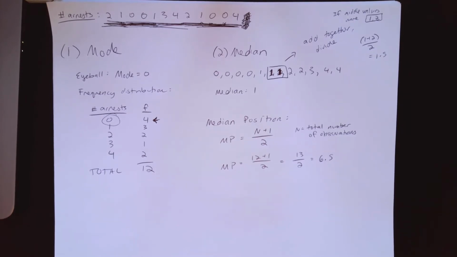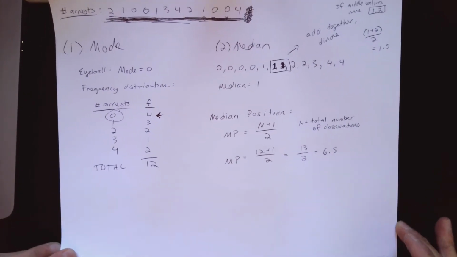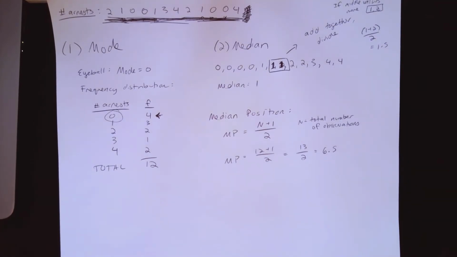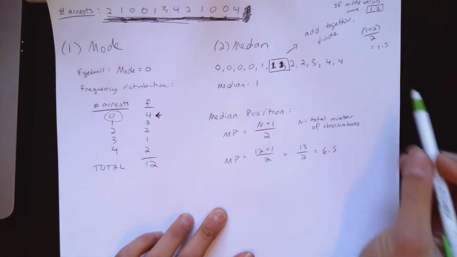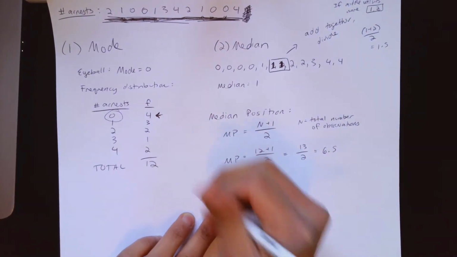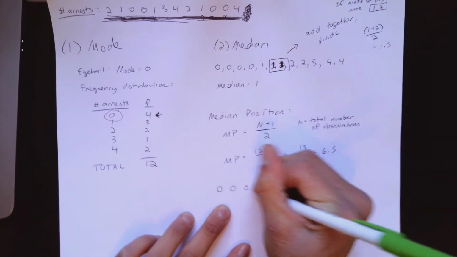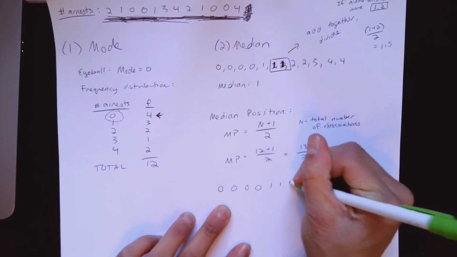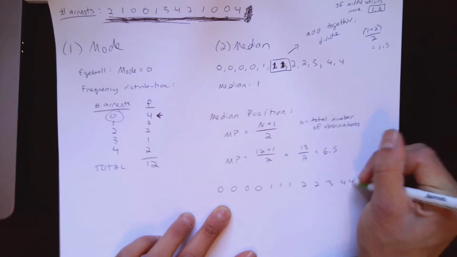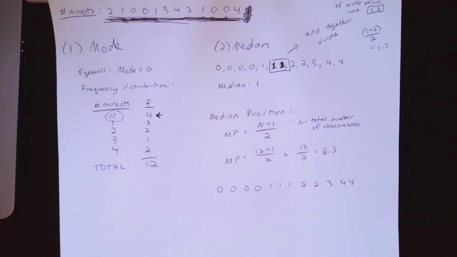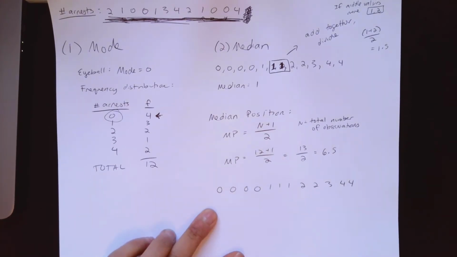Okay, so what do we actually do with this median position? As I said before, the median position tells you where you can find the median. I'm going to write this out again because I've already scribbled enough on that one up there. So what we have here is a number of values in a line, and the position refers to where they are in the line.